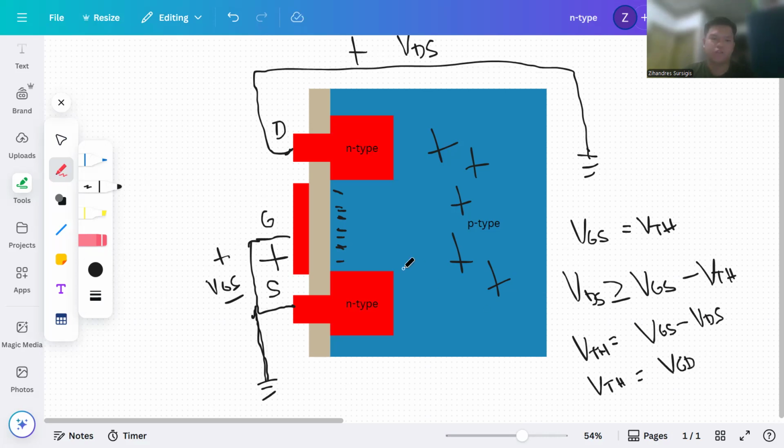So this is your VGD, the potential difference between the gate and the drain. If this is equal to VTH, a channel will form due to the inversion layer. Straight line.